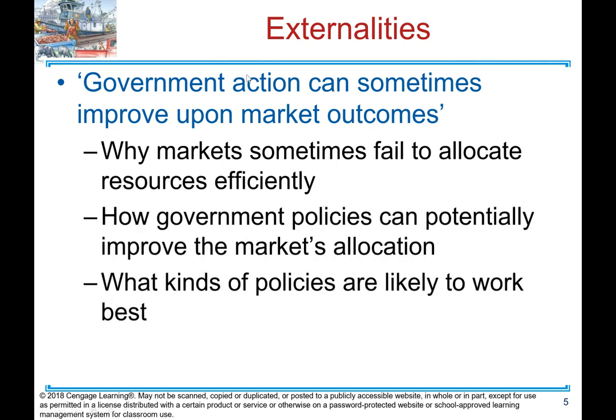Government action can sometimes improve upon market outcomes. Why markets sometimes fail to allocate resources efficiently, how government policies can potentially improve the market's allocation, what kinds of policies are likely to work best.